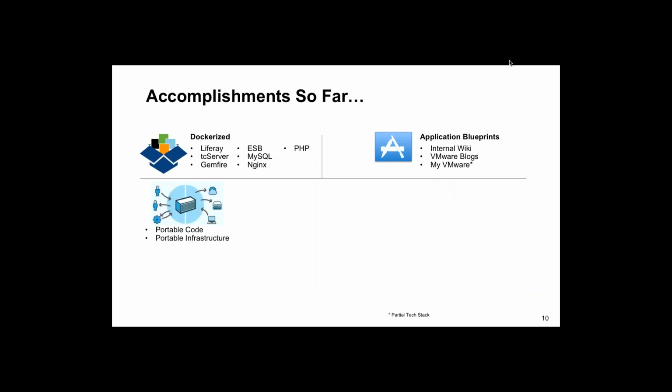The benefits that we got so far are, for the containerized applications, portable code and portable infrastructure. By portable infrastructure, we mean you can pretty much deploy this application on vCloud Air or private cloud or any of developers' laptops. That's as portable as that.